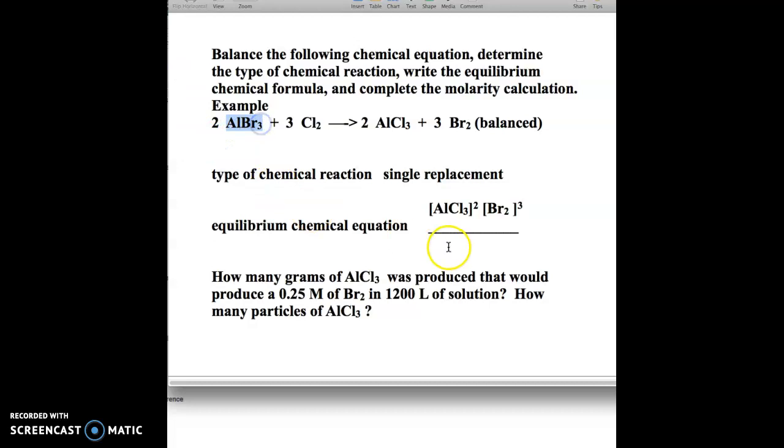Then you take your reactants, bracket, two of those, and chlorine gas, and you have 3 of those.